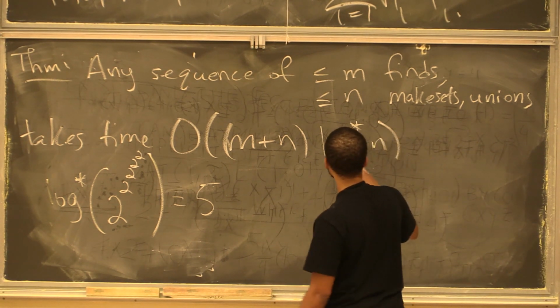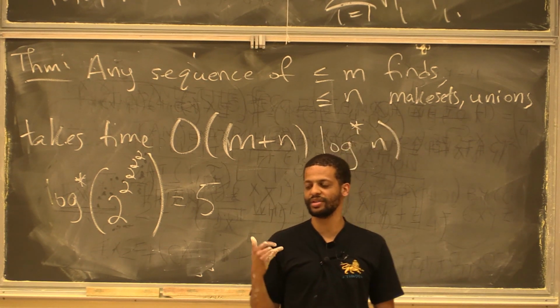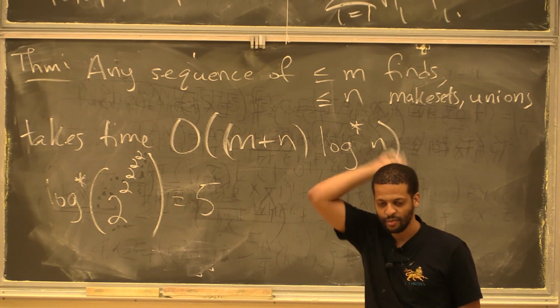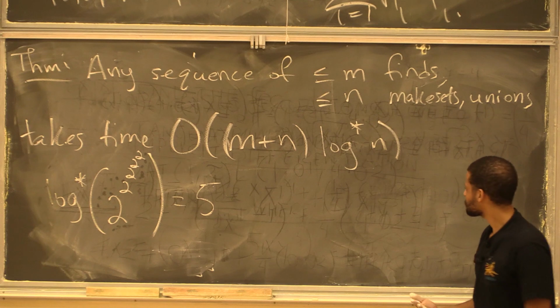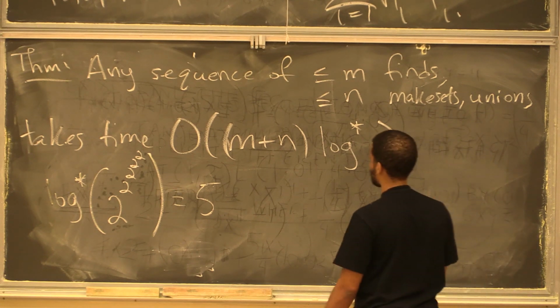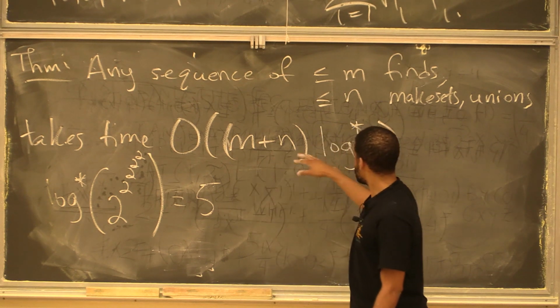It's actually possible to get a better bound than log star n. It's possible to get a bound that involves what's called the inverse Ackermann function, which takes in 2 parameters, m and n. I'm not going to define it in class, but that's actually the tightest analysis. You can prove that it takes time at most m times inverse Ackermann, replacing log star n.